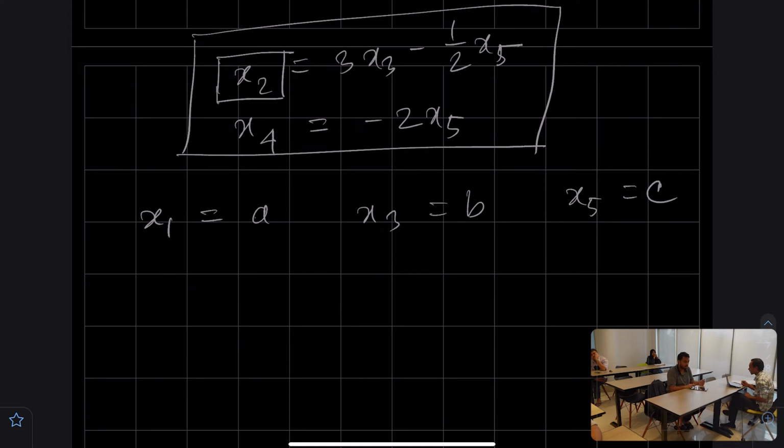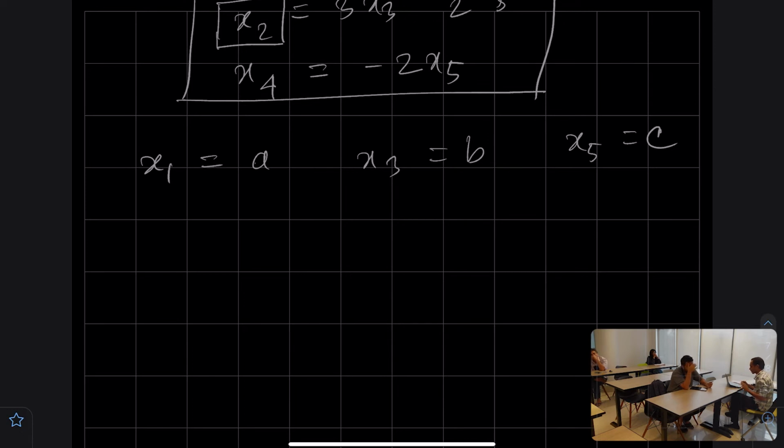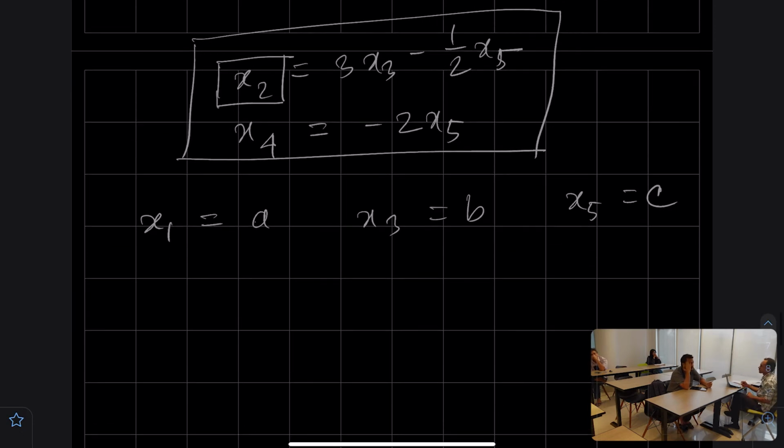This can be any element of the field. Why not 0? Sorry, it can be 0 because we are considering the trivial system. So 0 is also a solution of this system, right?